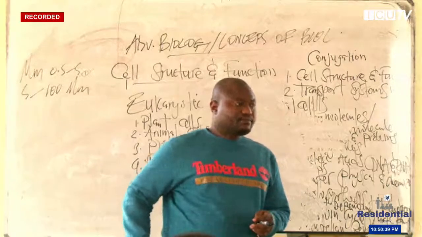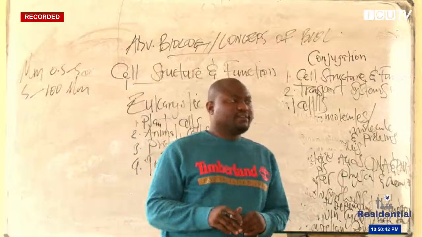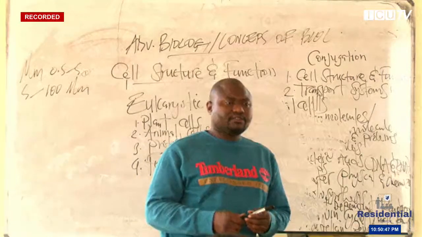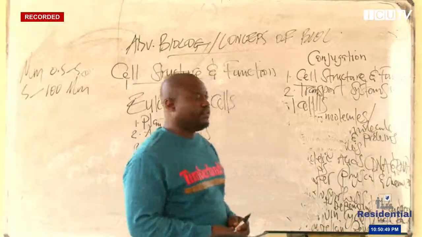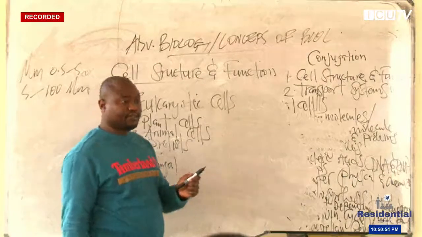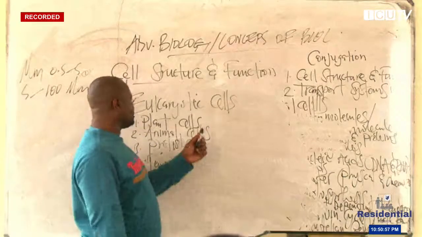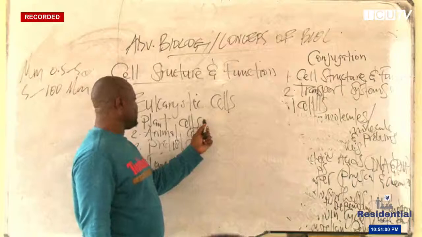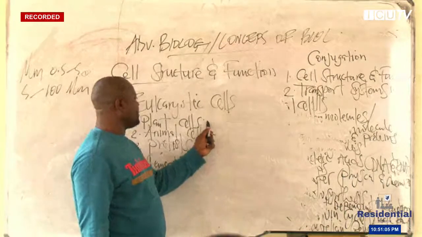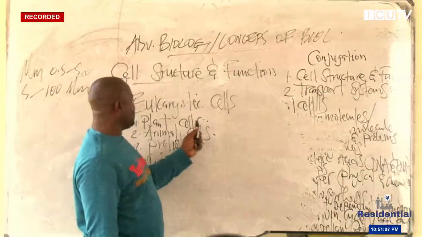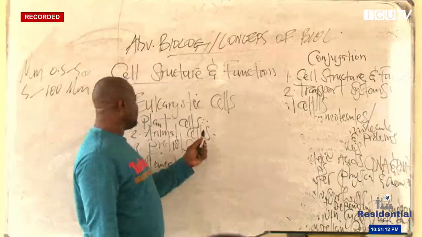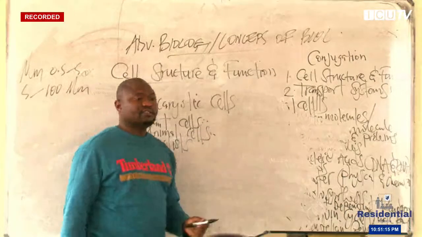By the end of this topic, you should be able to differentiate between a plant cell and an animal cell, and between a plant cell and a prokaryotic cell, and between an animal cell and a prokaryotic cell.